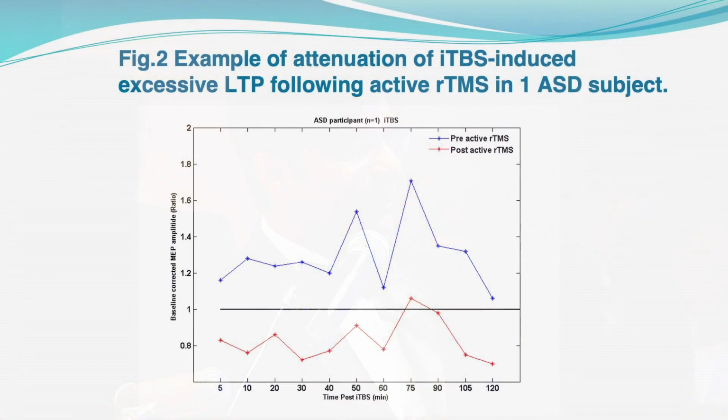This is one example of whether or not the active rTMS is really stabilizing something. This is again preliminary data. In this data, the blue line is the pre-active rTMS neuroplasticity, and the red line represents the post-active rTMS neuroplasticity. You can clearly see that active rTMS has attenuated the plasticity to a baseline, comparable level.